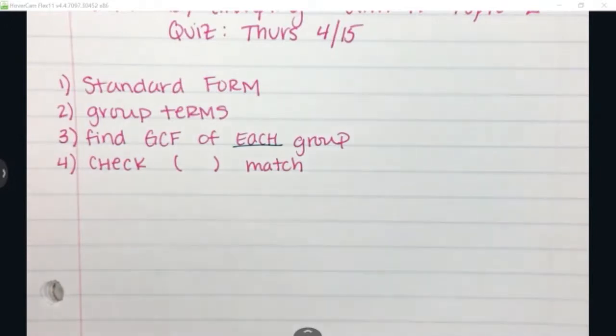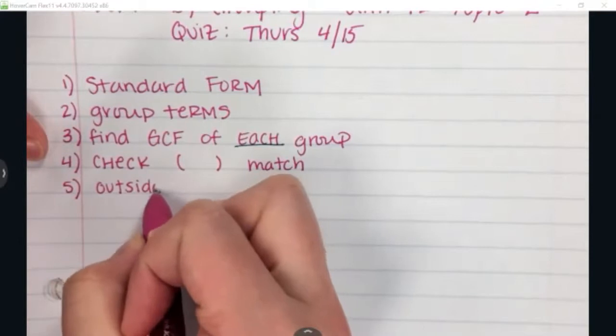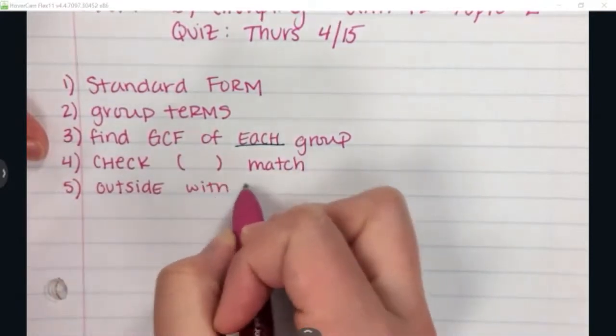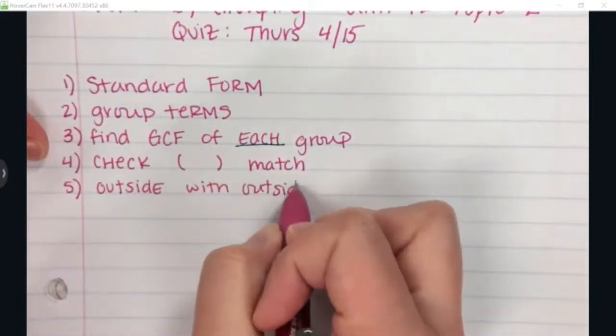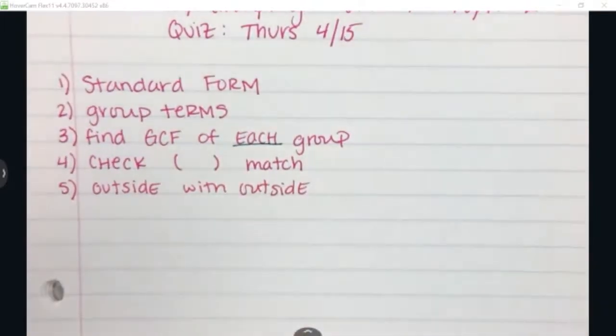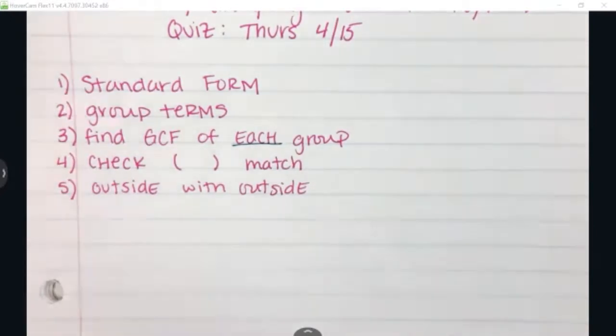Okay, they have to match. That's a huge step. Step number 5, we are going to put outside with outside. I'll show you what that means in a minute. Outside with outside. So my 2 GCFs are outside and they will go together.